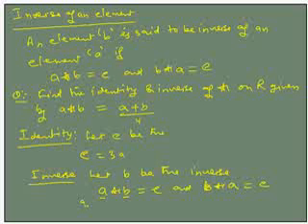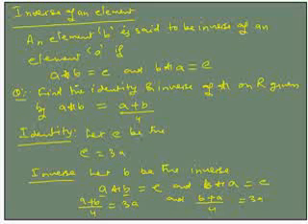A star B, by definition, is A plus B by 4, and identity is 3A. So A plus B by 4 is 3A.